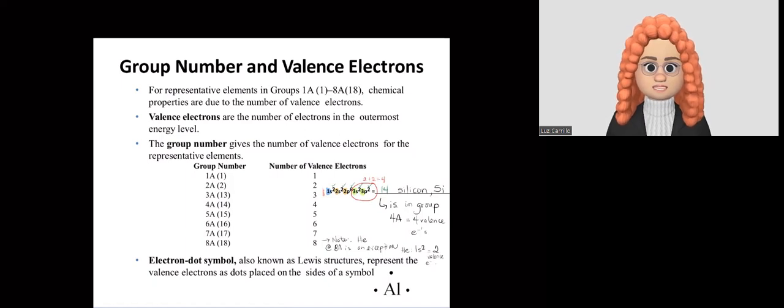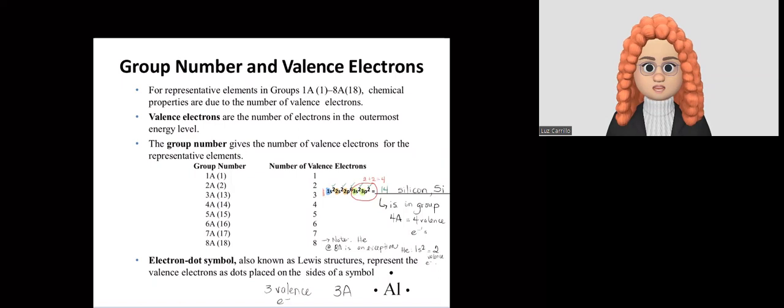As you can see here, aluminum has 3 dots because if you explore the periodic table, aluminum is in group 3A. So it has 3 valence electrons, and that's how we represent it, by the 3 dots.